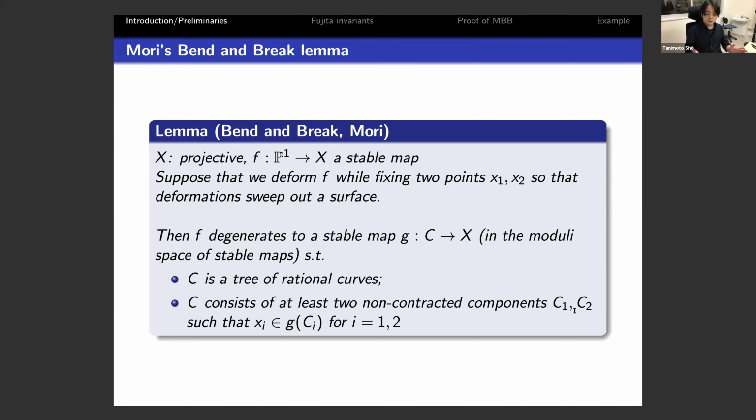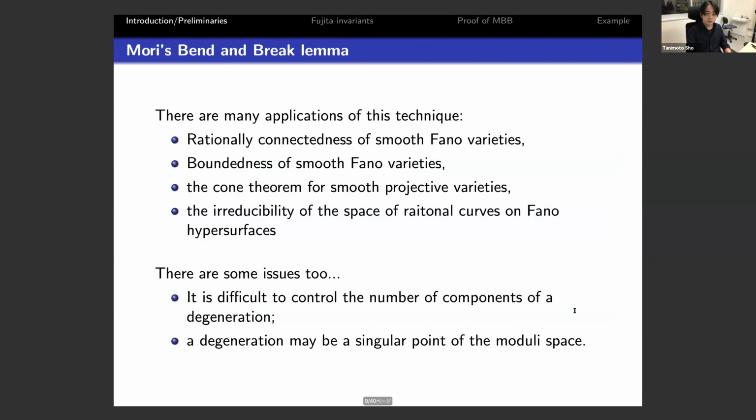So this is a great lemma actually. It is super useful because there are so many applications of this technique, like the rational connectedness of smooth Fano varieties. Also the boundedness of smooth Fano varieties was first proved using the bend and break technique, breaking rational curves. Now Birkar proved the BAB conjecture, boundedness of singular Fano varieties, using MMP, but originally it was proved for smooth Fano varieties by Kollár, Miyaoka, Mori, and they used bend and break.